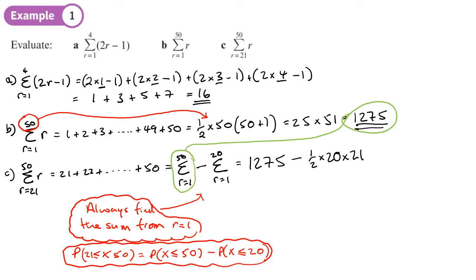So this is the sum of this bit here. So what does that give us? 1275 minus, now half of 20 is 10, 10 times 21, 210. So 1275 minus 210 gives us 1065.